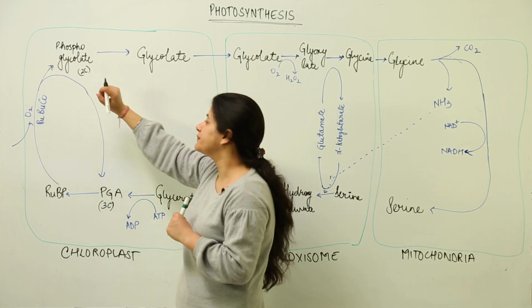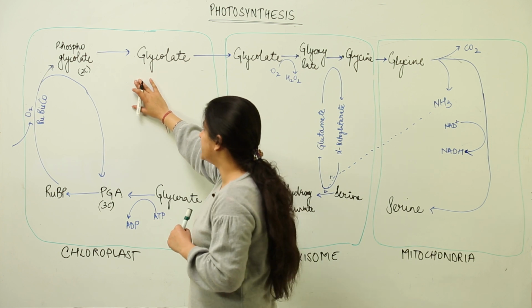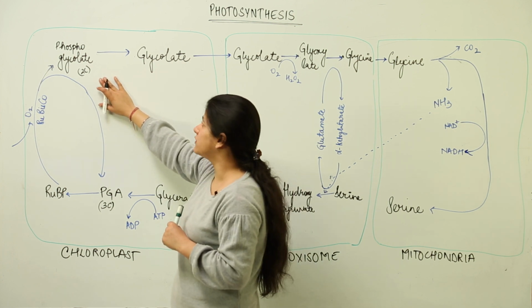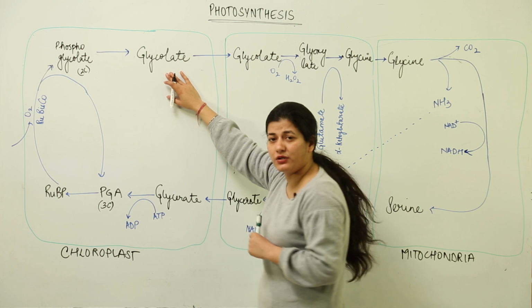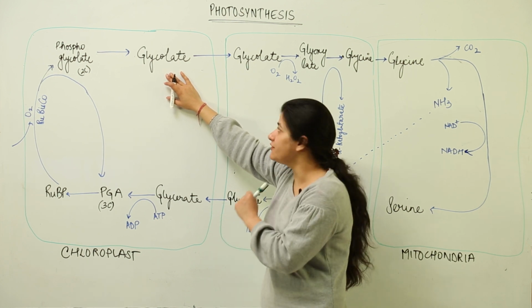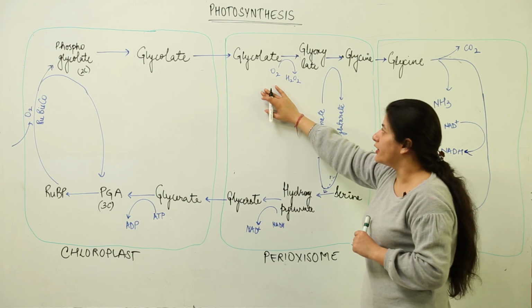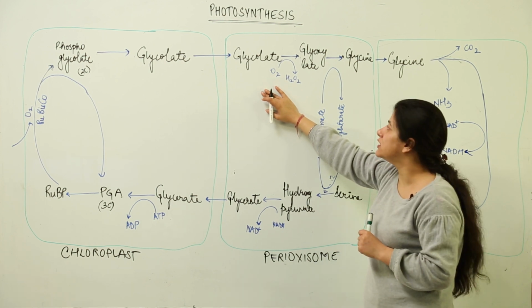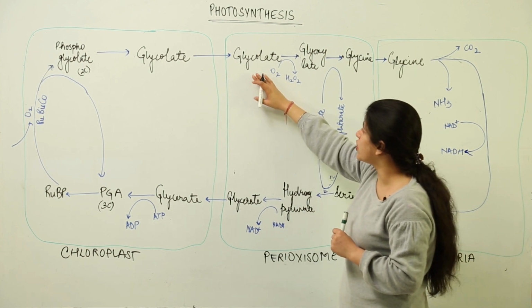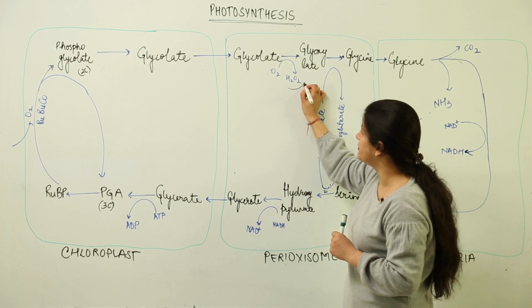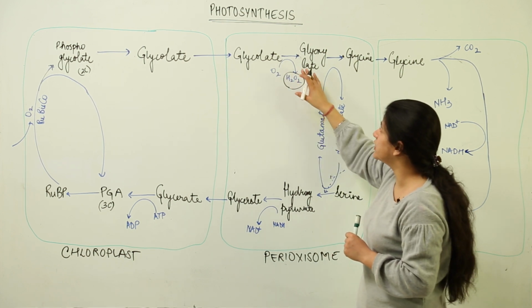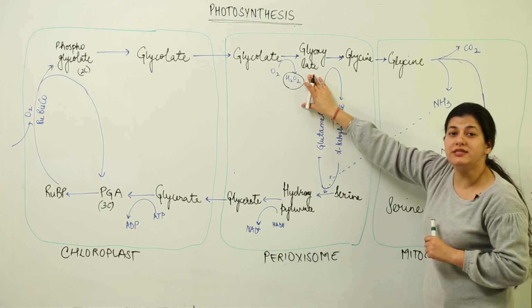What happens to that? Now as you can see over here, this phosphoglycolate would get converted to glycolate within the chloroplast itself, and this glycolate would move to the peroxisomes, where a peroxide compound is formed when it gets converted to glyoxylate.